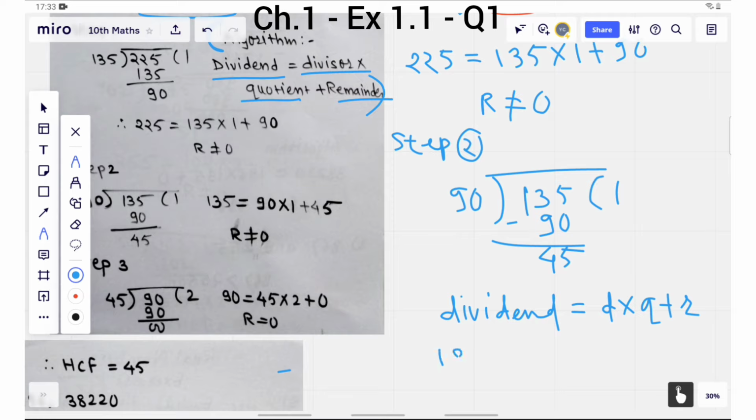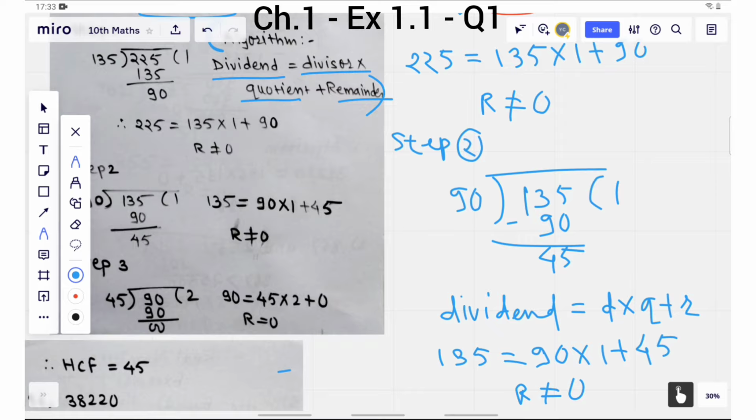Dividend is 135, and now we can see here that the remainder is not equal to 0, and if the remainder is not equal to 0, we have to move to the next step, that is step 3.